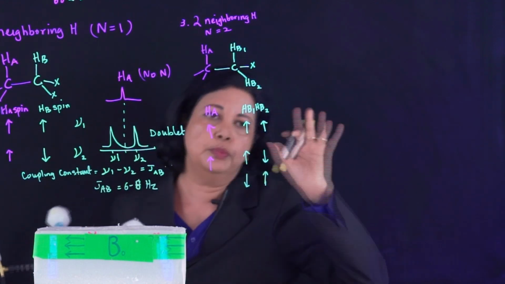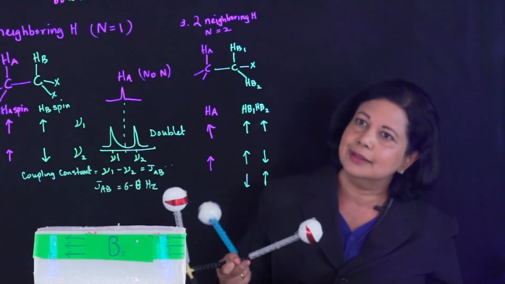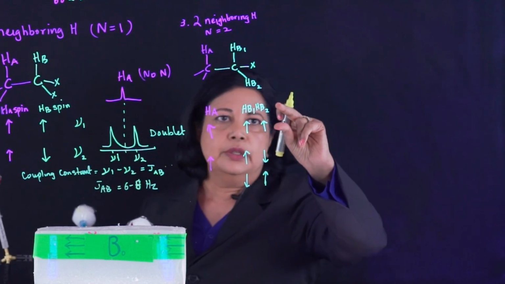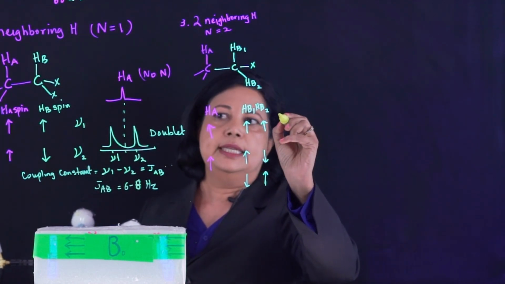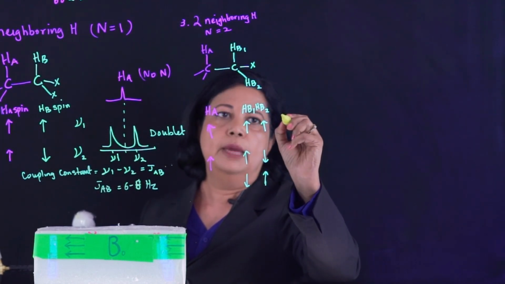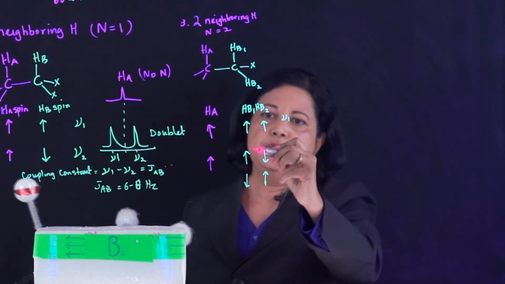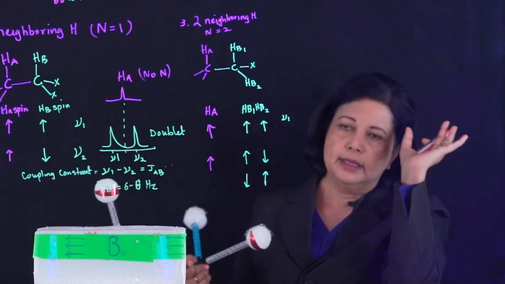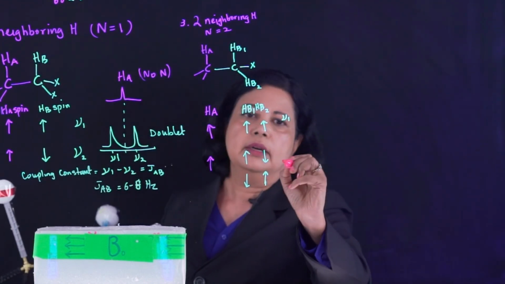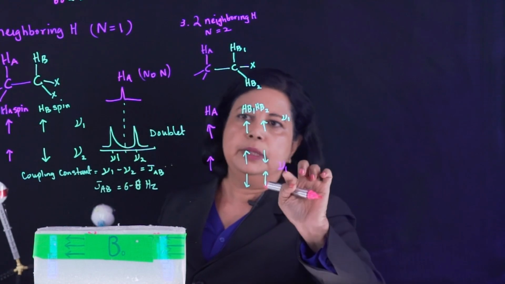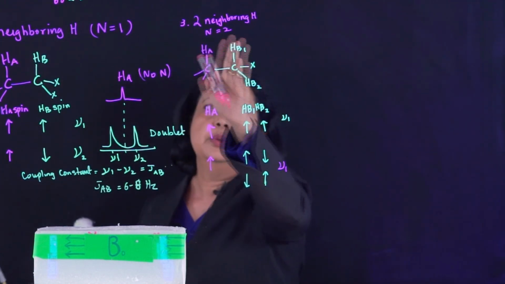Those are the only two possibilities, right? Now, this is going to enhance the field. So let's say this is going to absorb at a certain frequency. This over here, because you're enhancing and diminishing by the same amount, you are going to get a frequency that would be pretty much the same as if you had no neighbors.